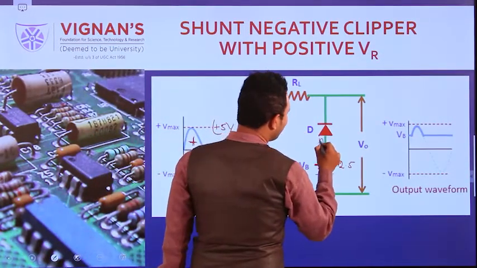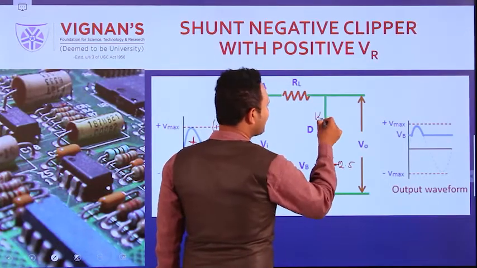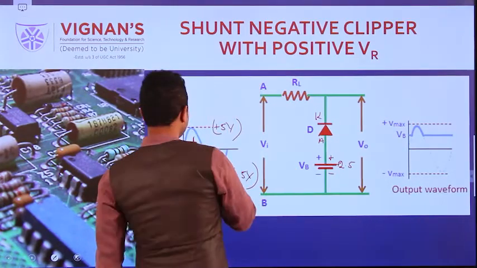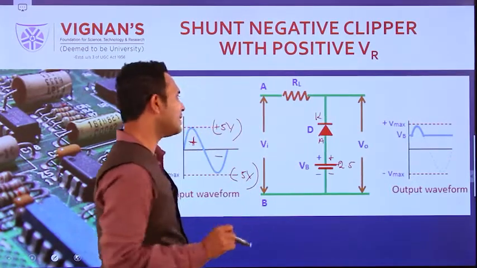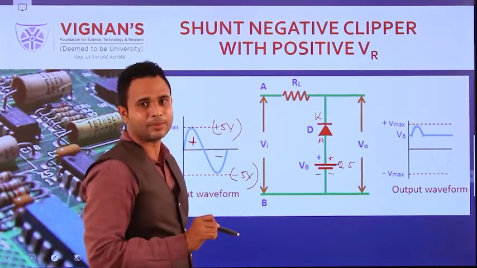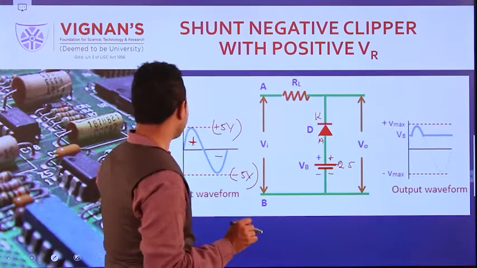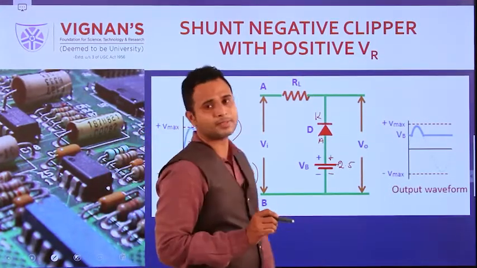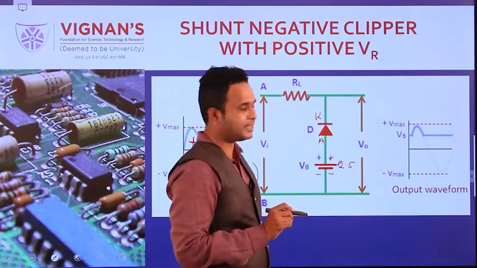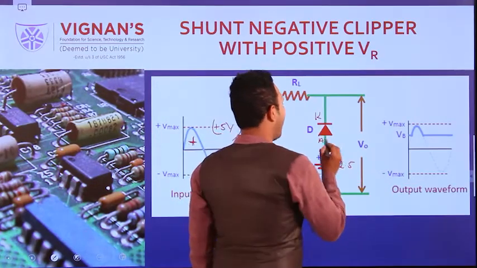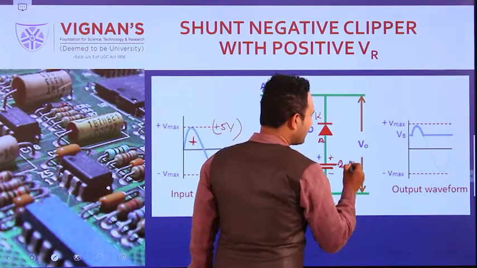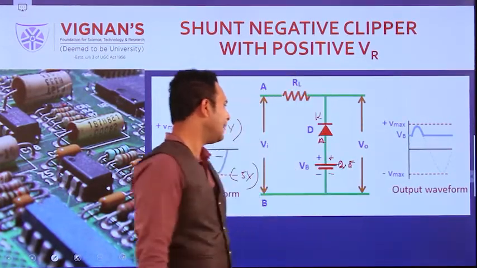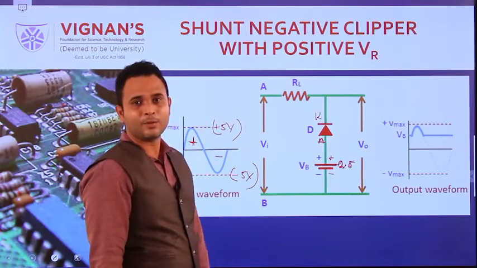This is the anode terminal, and this is the cathode terminal. When positive is connected to the cathode terminal, the diode is in reverse bias, but the anode is connected to 2.5 volts.